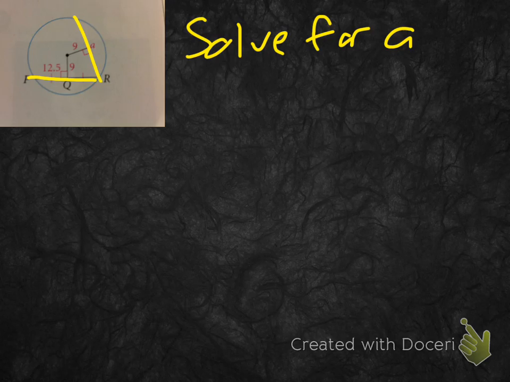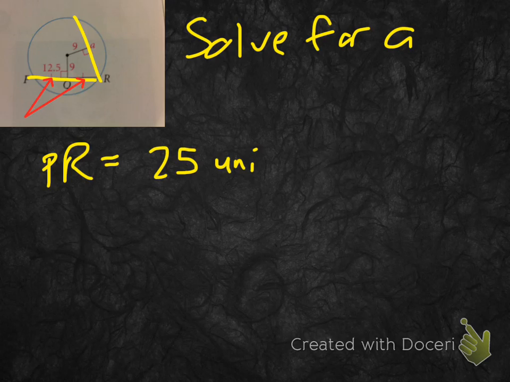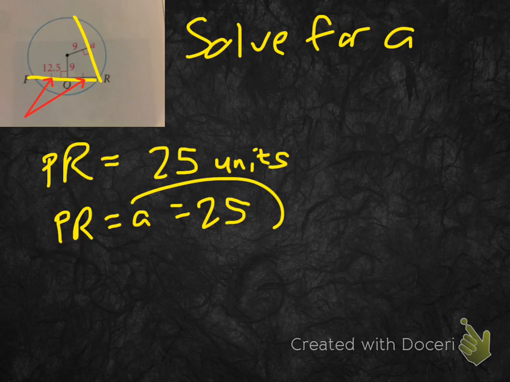So how long is PR? Well, this part here is 12.5, which means this part here is also 12.5. So PR is 25 units, right? And we can say that PR equals A. It's the same distance as A because the chords must be congruent, therefore A is also 25.